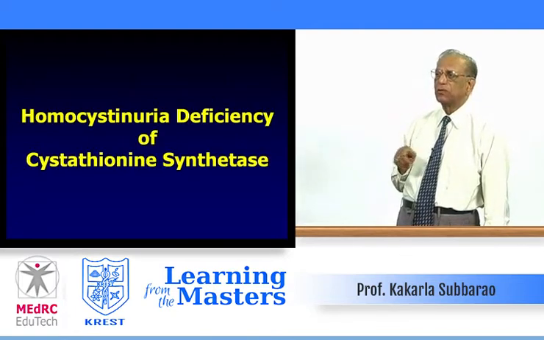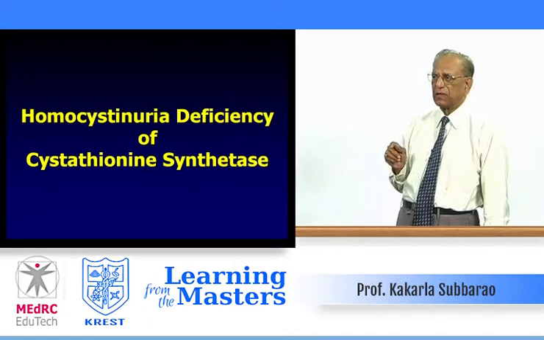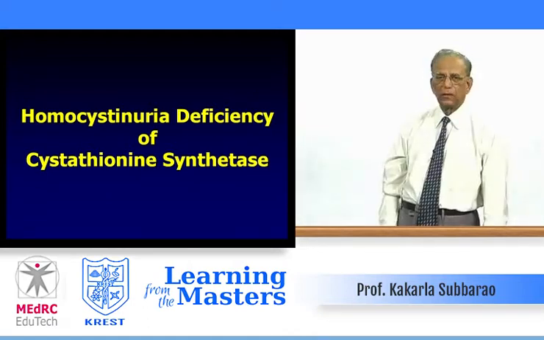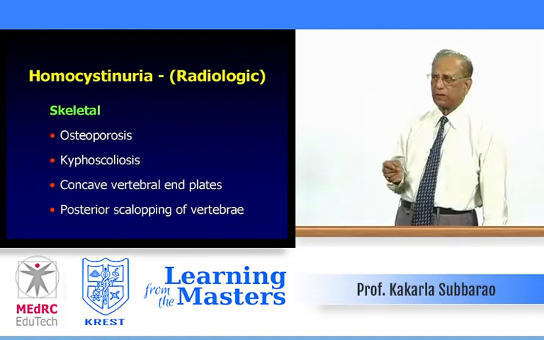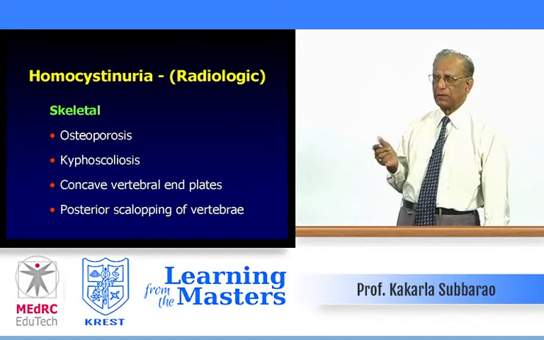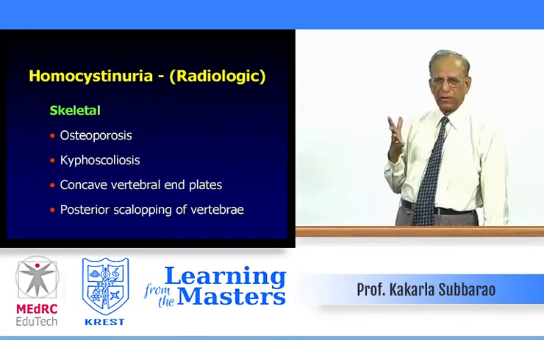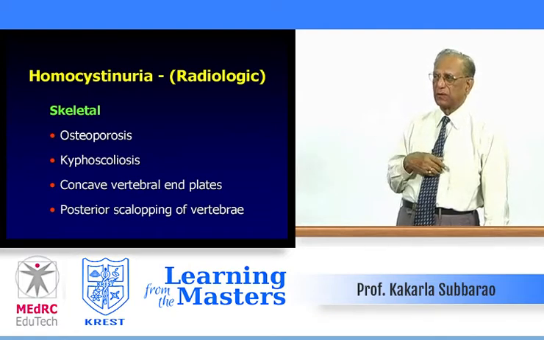Then we come to homocystinuria, or deficiency of cystathionine synthetase, another enzyme. Radiological osteoporosis is present, kyphoscoliosis, concave vertebral end plates, posterior scalloping of vertebrae you may see. That's why occasionally it's difficult to differentiate between Marfan and homocystinuria.